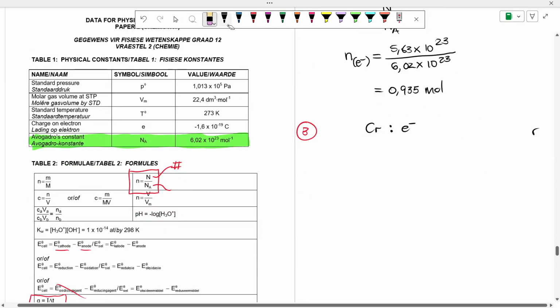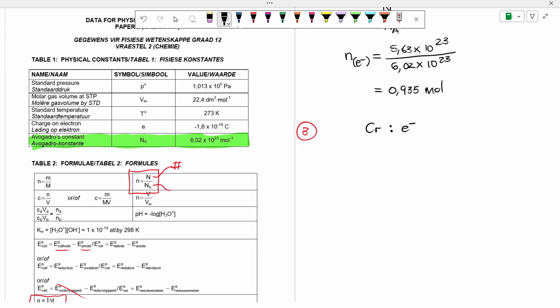Then the coefficients from the balanced half reaction are 1 chromium versus 3 electrons. It's just like how we've been doing ratios all the time. Then we know the number of moles of electrons. Then we can just put an n or x for the other side and cross multiply.